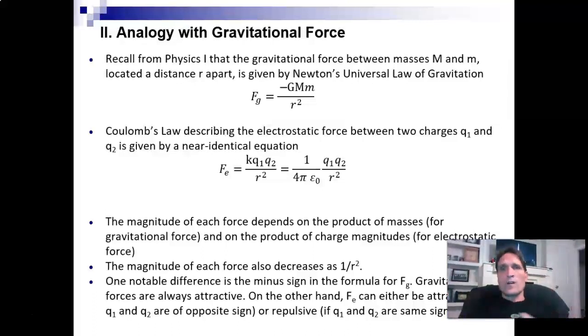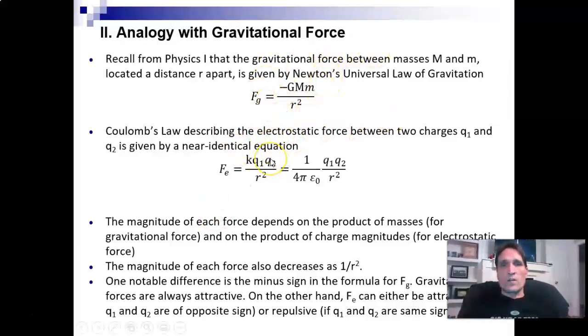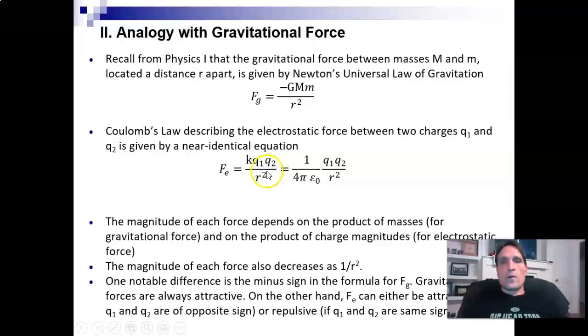Now, if you look at Coulomb's law, the equation is almost identical, except here you have charges playing the role of masses. So the force between two charges, Q1 and Q2, separated by some distance r, is given by Coulomb's law.